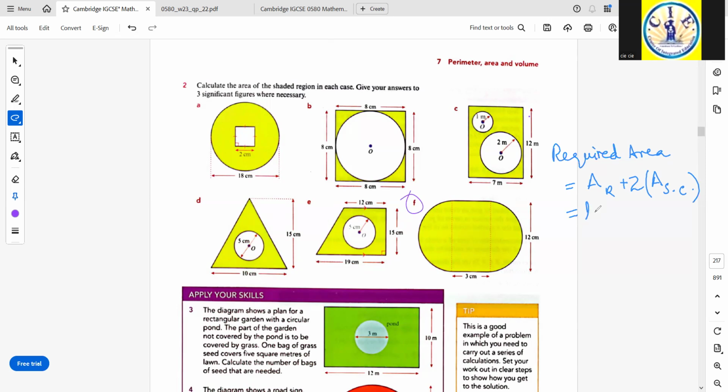Area of the rectangle is having the formula length times breadth plus 2 times area of a semicircle, that is pi r squared divided by 2. Now since the length of this rectangle is 12 and breadth is 3, so 12 times 3, that is 36.